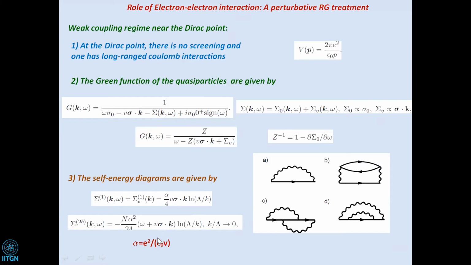Okay, so e squared over h bar Vf, taking epsilon naught to be 1, it's a number anyway, order 1. This is 1 over 137 times c over Vf. That is the ratio of the speed of light to the Fermi velocity of graphene.